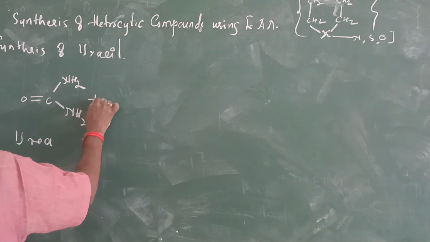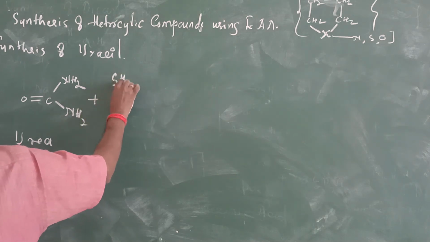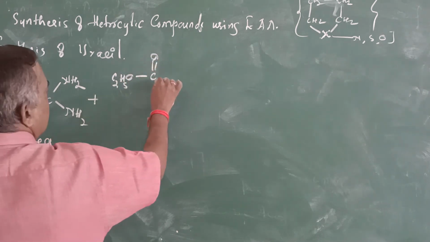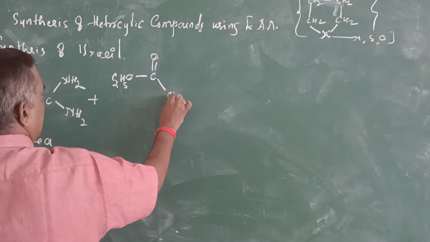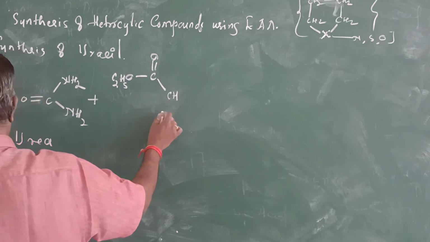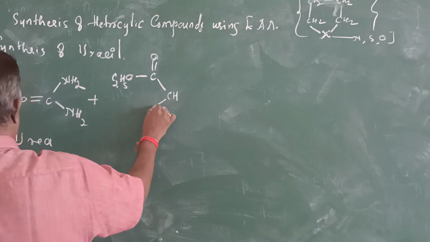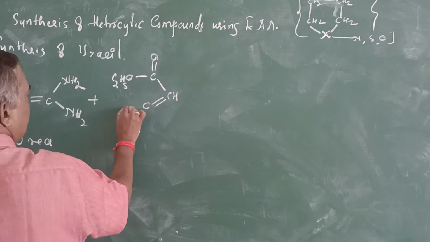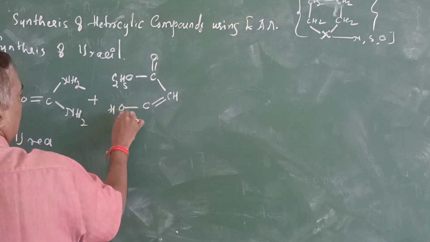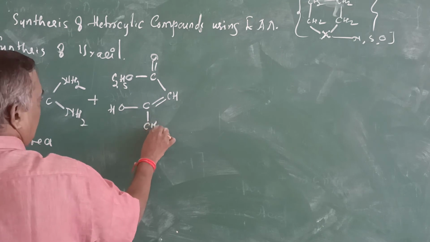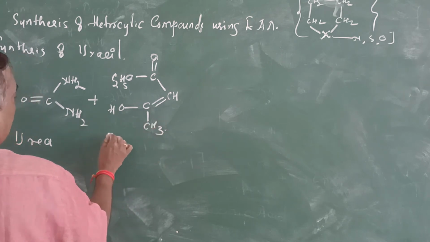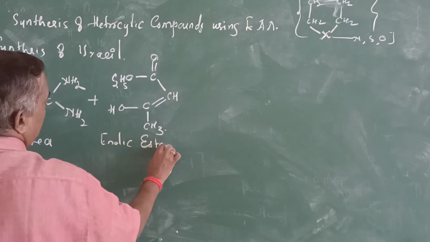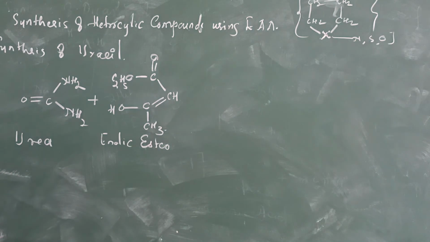Urea is allowed to react with C2H5O, C double bond O, and here we are having CH, the enolic ester.